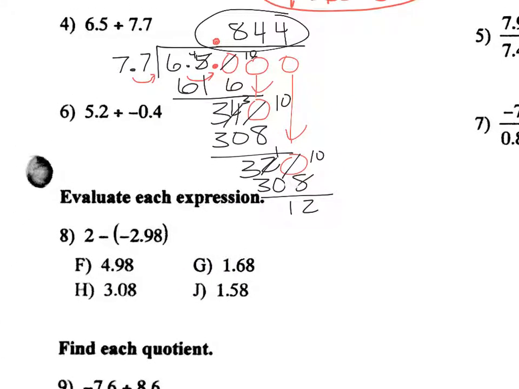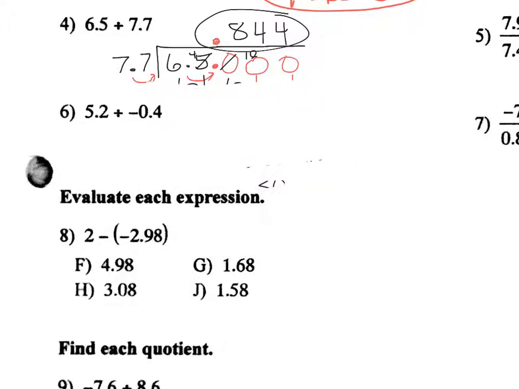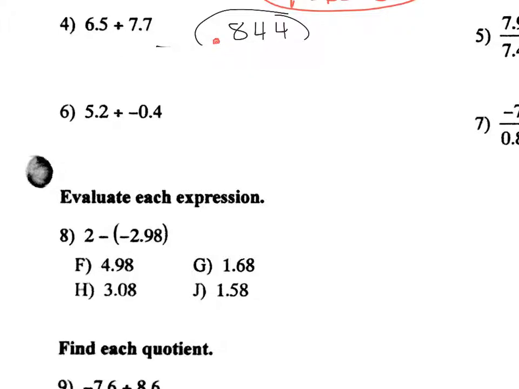So I'm going to erase all this. I'm going to do these next 2 really quickly because now we've seen them kind of worked out. All right, so here again we have a bigger number being divided by a small one, so we should get a big answer. So I have negative 0.4, 5.2.